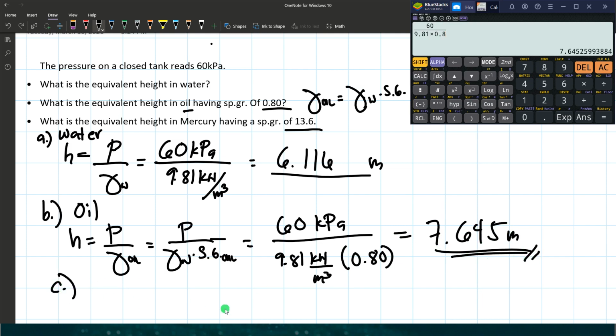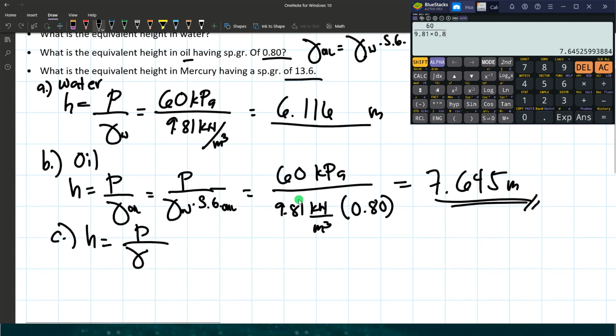Letter C. We have mercury with a specific gravity of 13.6. H equals P over unit weight of mercury. So pressure over unit weight of water multiplied by specific gravity of mercury.